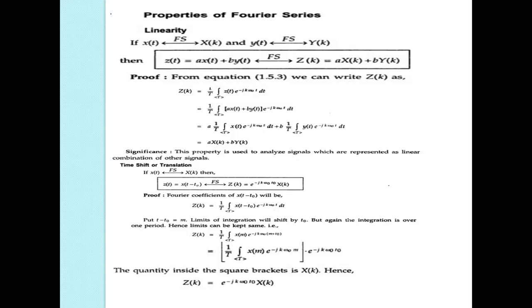D of k is the magnitude, the square root of a of k square plus b of k square. We already know what a of k and b of k are. And the phase angle, cos of omega naught t plus phi of k with coefficient d of k, where phi of k is minus tan inverse of b of k by a of k.